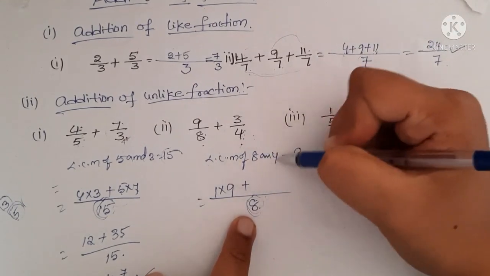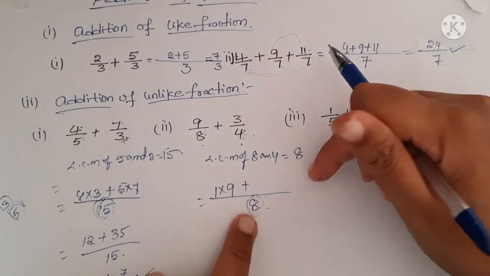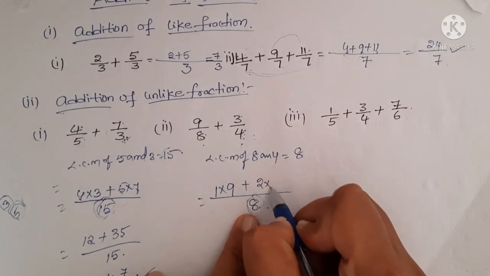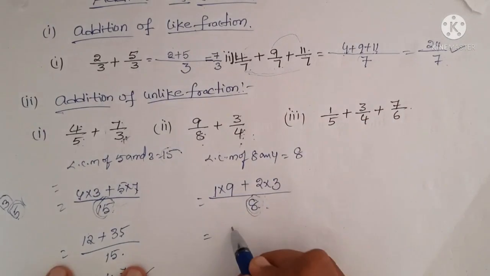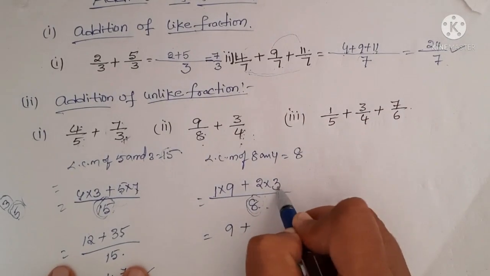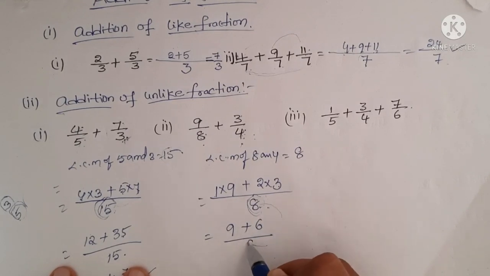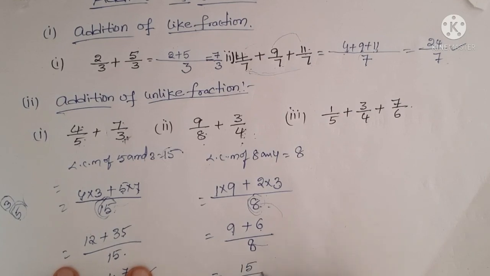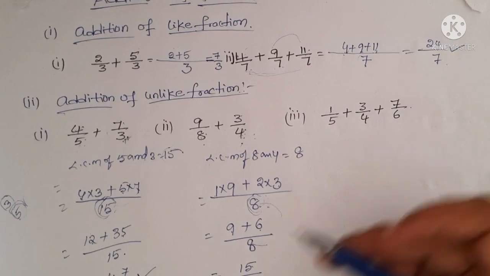So the 2 is multiplied with the numerator, that is 3. So right here, 2 into 3. And now 1 into 9 is 9, and 2 into 3 is 6. And as it is, 8 is right here. And 9 plus 6 is 15. And 15 by 8. This is the answer.